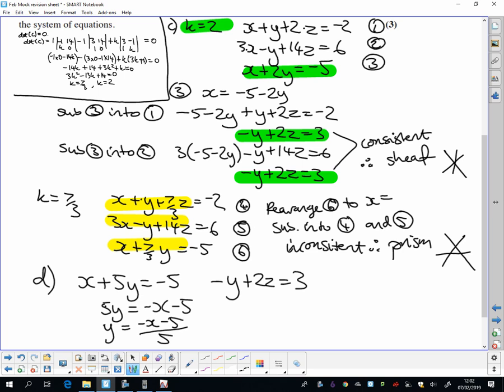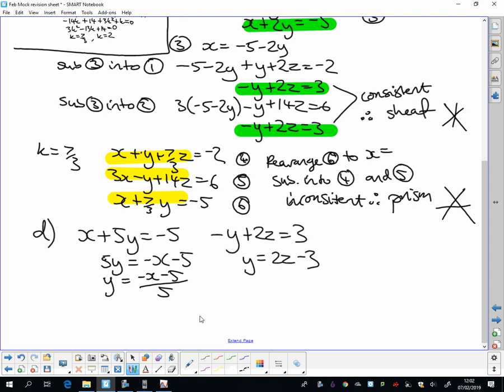Okay, and then this one I can also rearrange. Okay, and then you can see I've made them both equal to y, so now I can make all these expressions equal to each other. And that will give me the equation of the sheaf, which is therefore a solution.